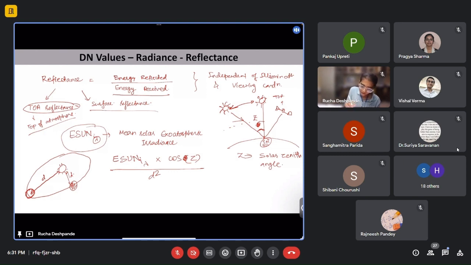Yeah, and this energy reflected, so this is the satellite, right?